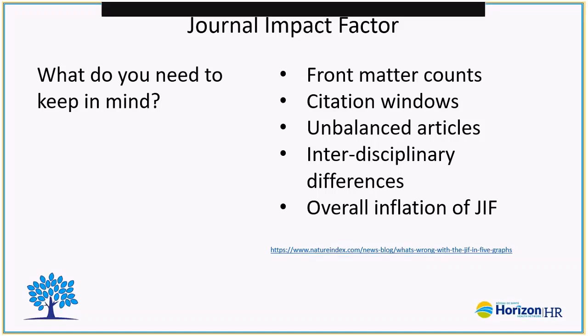And overall inflation of impact factor numbers. Inflation happens everywhere. I was not aware that numbers inflate here as well, but they do. So, for example, in 1975, the Journal of Experimental Medicine was the top scoring one with a JIF of 11.874.